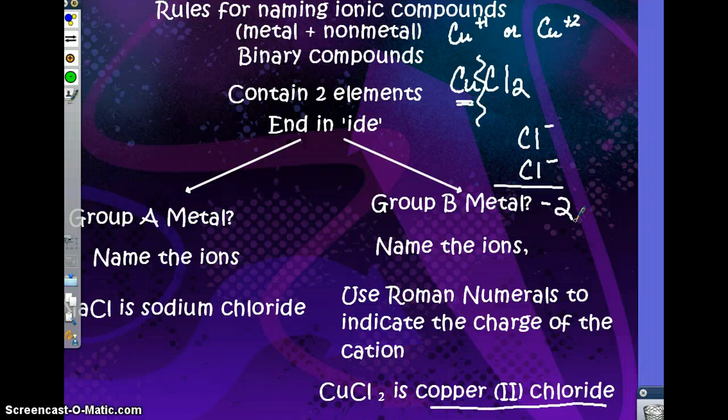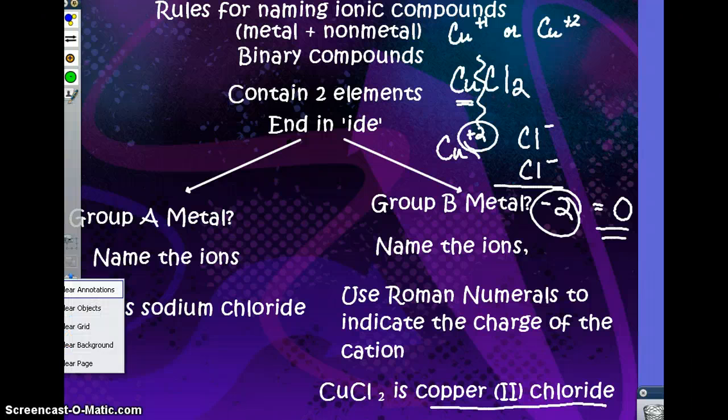Now the copper, there's only 1 copper in there, and I know that the charges need to balance out and add up to 0 to form a neutral compound. So if I have 2 chlorines, each with a -1 charge, and I have 1 copper, that means that copper must be copper +2. Here I have a +2 on the copper, a -2 on the chlorides, giving me a neutral compound with a net charge of 0.